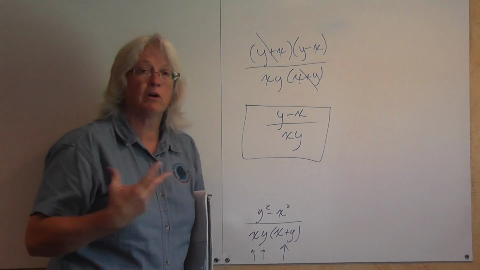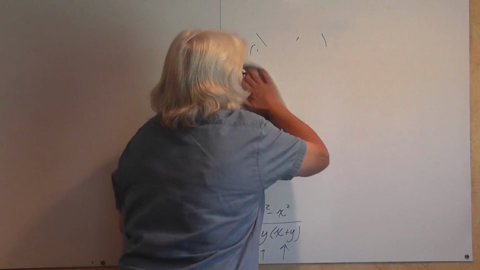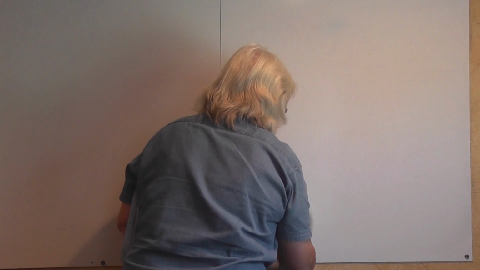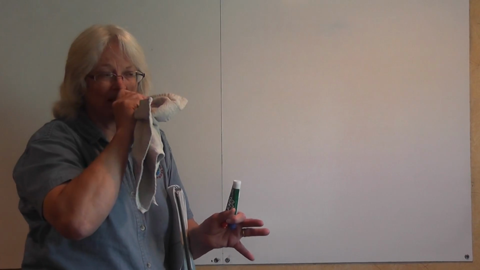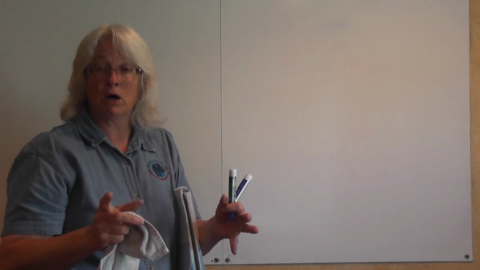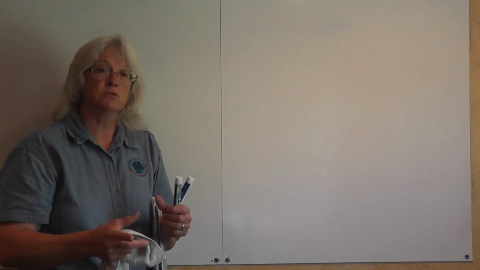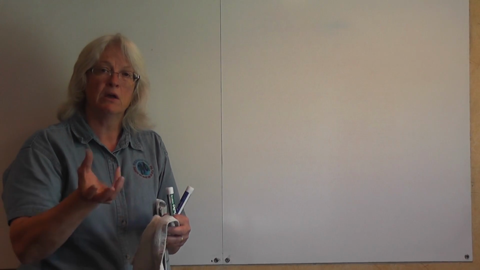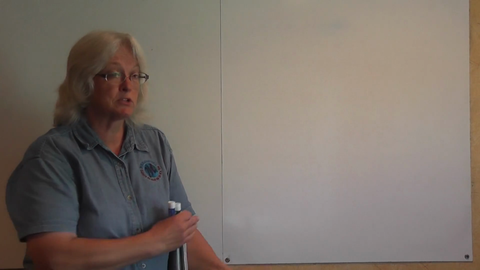Now, we're going to talk about opposites and the fact that subtraction is not commutative, but there is a relationship between something like x minus y and y minus x. They don't have the same value, but there's a relationship between them that we can use to help us when we are subtracting rational expressions. And I'm having a difficult time coming up with a really effective way to show this to you.